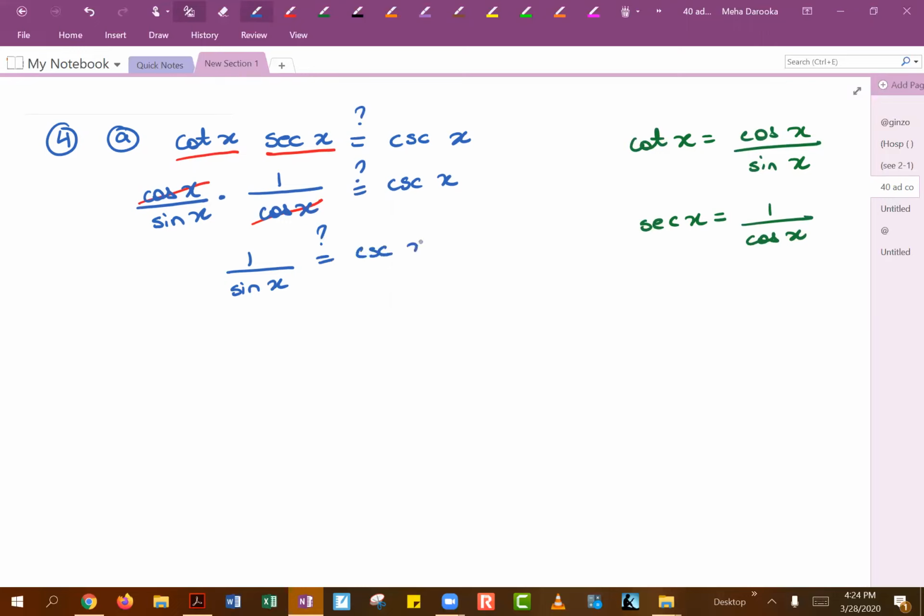And of course, 1 over sine of x is your reciprocal function, which gives you cosecant x equals cosecant of x. So again, guys, we have verified this identity. So that's again using the reciprocal function. That was the identity that we used.